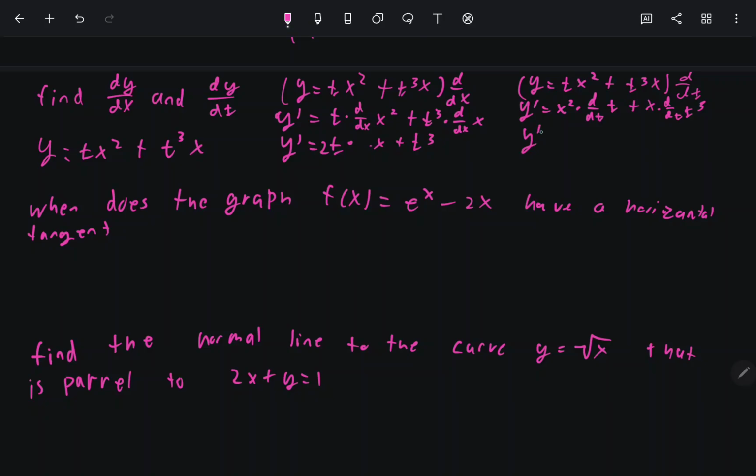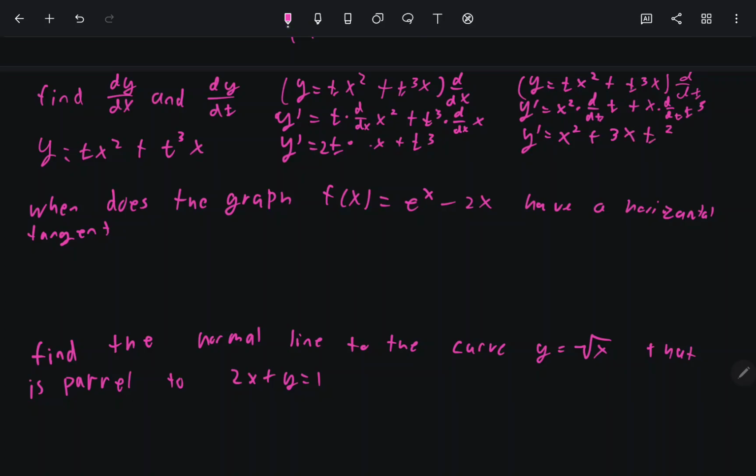Alright, so then our y prime, the derivative of t with respect to t, that's 1. Times that by x squared, that's just x squared. Alright, the derivative with respect to t of t cubed, that's 3t squared, because we pull the 3 out front and subtract 1 from the exponent. So what we get is 3x t squared.